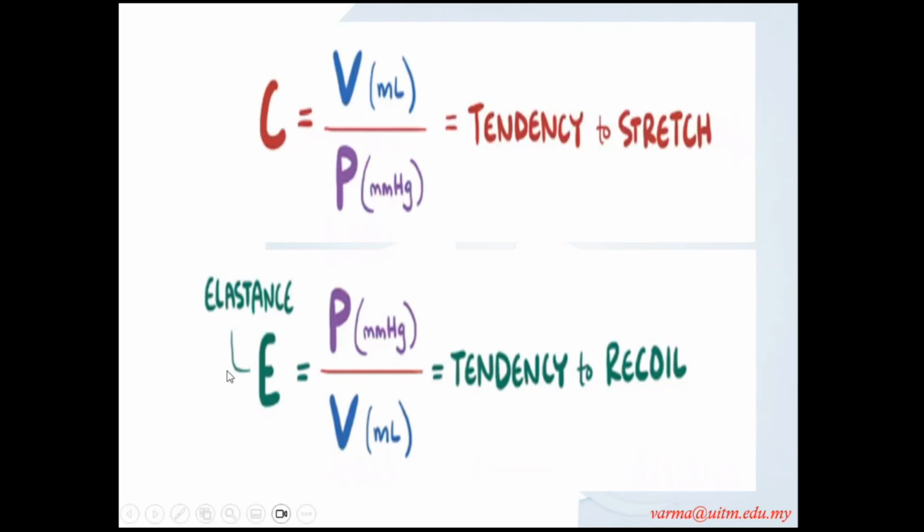If it's a low elastance, the pressure will increase. Okay, so that is the inverse ratio. It's very important in cardiac and also cerebral blood flow. If you read the intracranial elastance graph, it shows your ICP increases. So the tendency to recoil is just the inverse of the tendency to stretch, a reciprocal of this. We will see this when we talk about the respiratory system equations.